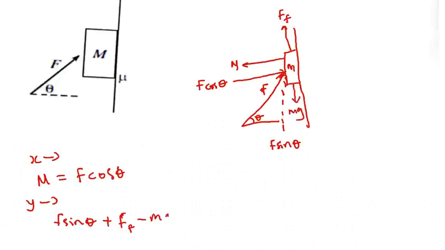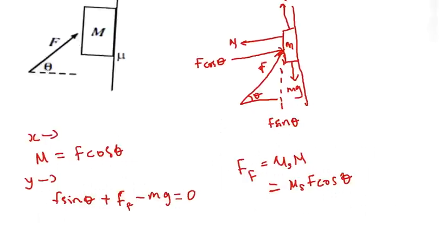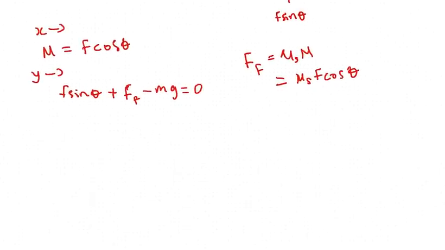So F sine theta plus the frictional force minus mg is equal to 0, and the frictional force is equal to mu s N, which is equal to mu s F cos theta. If we substitute back into the expression, we have F sine theta plus mu s F cos theta is equal to mg.